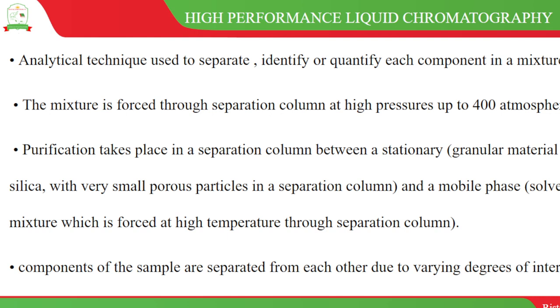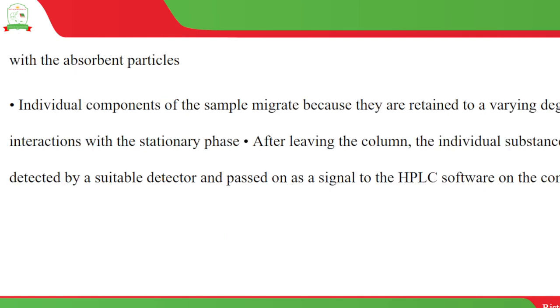The components of the sample are separated from each other due to the varying degrees of interaction with the adsorbent particles. They interact differently, so they end up separating into different layers according to what they really are.